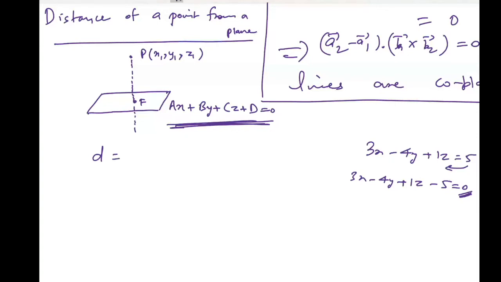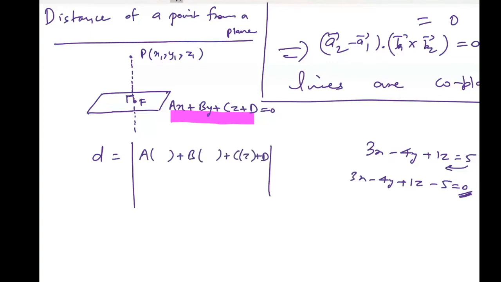Basically, this is the perpendicular distance, the shortest distance. How to find it? Very simple. You have to write Ax plus by plus cz plus d, but instead of x, y, z, you will be writing x1, y1, z1, that is the point, and divided by root of a square plus b square plus c square.